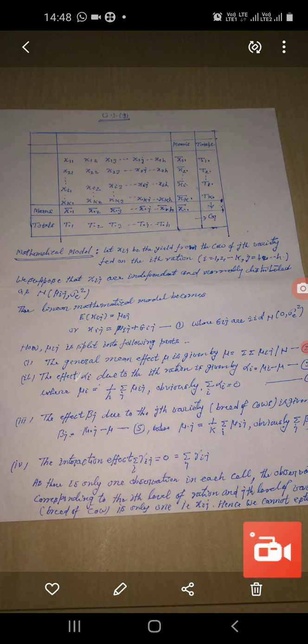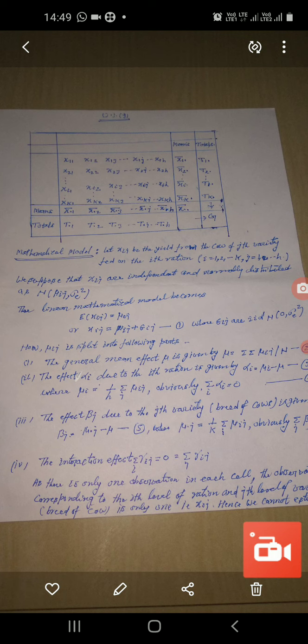Similarly, in the second row x21, x22, x23 and so on, x2j and so on, x2h, and mean is x2 dot bar and total is t2 dot.